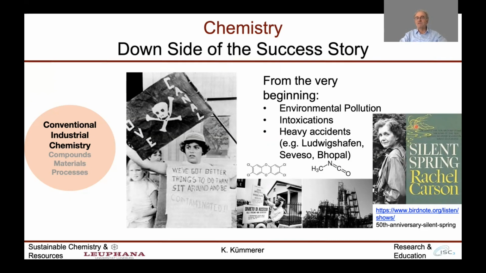So that's one of the most important books, I would say, as for chemistry, environmental chemistry, and sustainable chemistry, green chemistry. We should have a look into it, because many of the problems addressed there are still around, if not in our so-called developed countries, then in the less developed countries, because we have exported several of the problems.